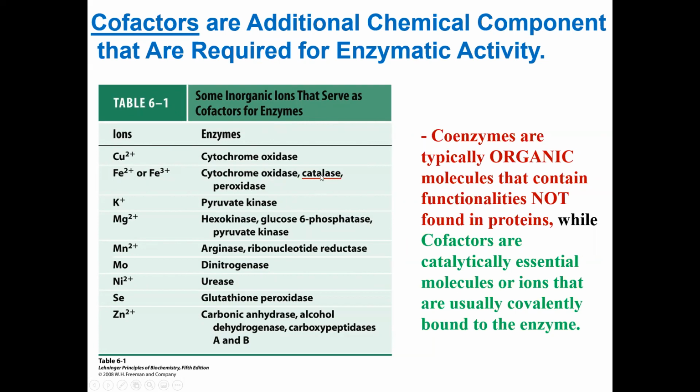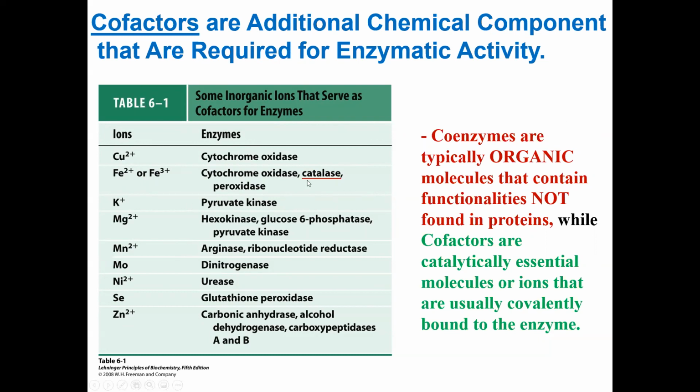Catalase is a very interesting enzyme, commonly found in all living organisms that utilize oxidative metabolism. When we carry out oxidative metabolism, we produce trace amounts of hydrogen peroxide. That hydrogen peroxide must be broken down very rapidly as soon as it is generated, to water and oxygen. And catalase does that.